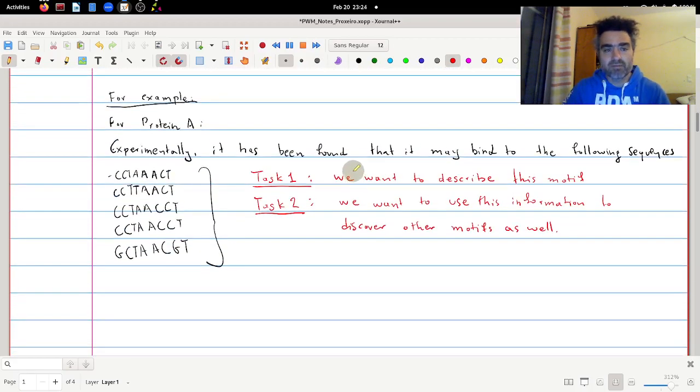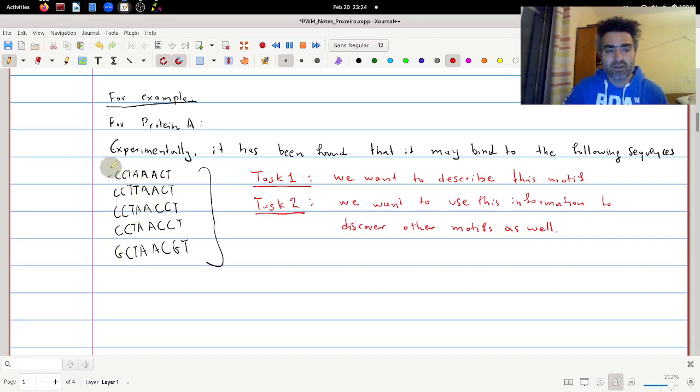So let's have an example. Let's say that for this protein A, we have the following DNA sequences on which this protein can bind. So this protein A can bind to the sequence CCTAAACT, but also to CCTTAACT.